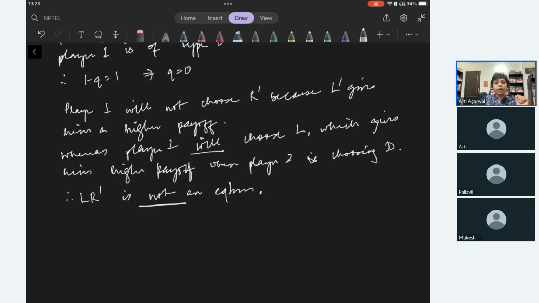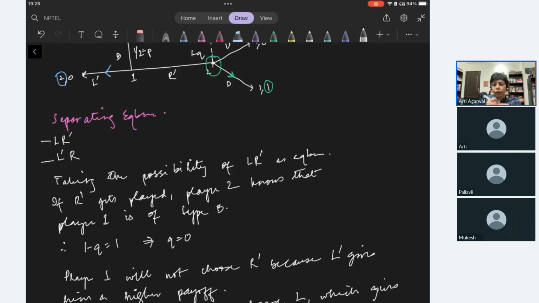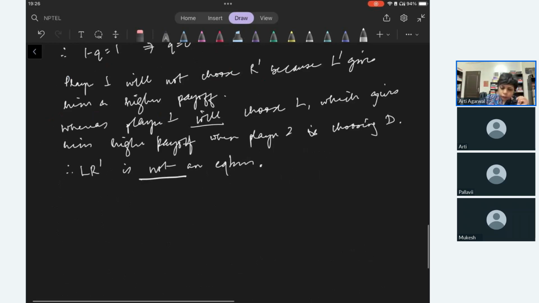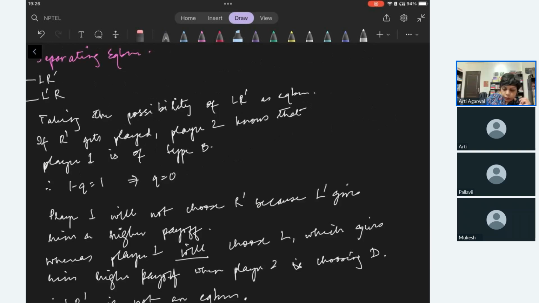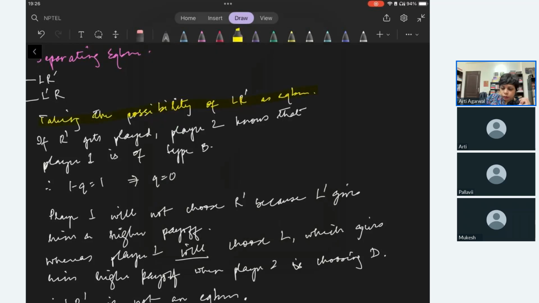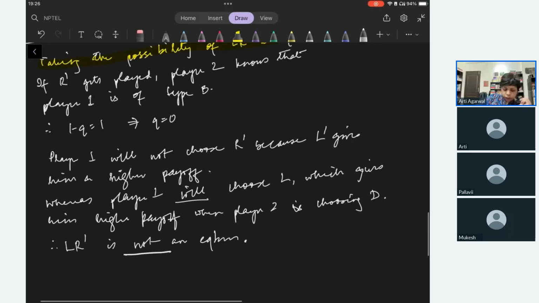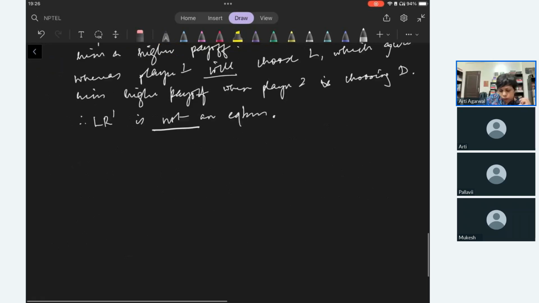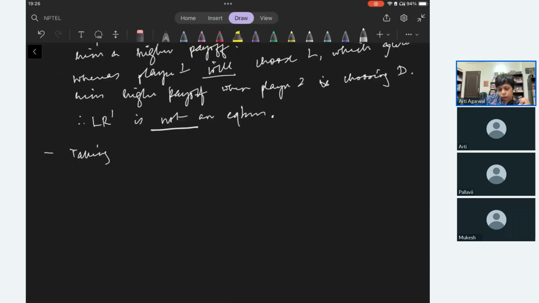Okay, so this was one of the separating equilibria. Now we move to the other separating equilibrium, which is L prime comma R. Now we are checking.